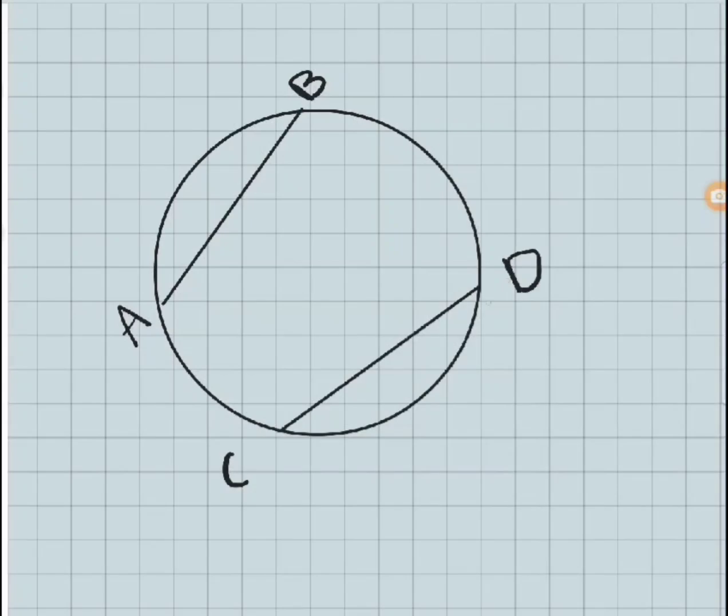Let's say we have center E. Let's call this F and G. So let's say that EF is congruent to EG.